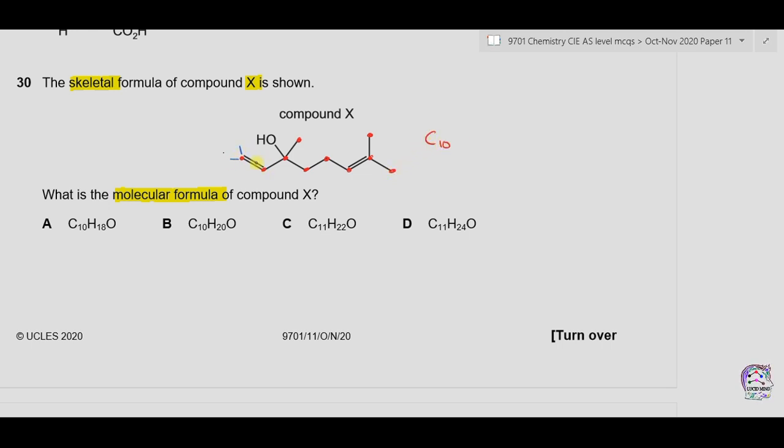We have 2 hydrogen with this carbon, 1 with this, 3 with this, 1 hydrogen is this one, 2 with this, 2, 1, 3, 3. So there are 18 hydrogen atoms and 1 oxygen atom is present. The correct answer is therefore A.